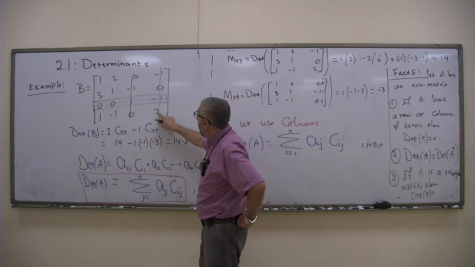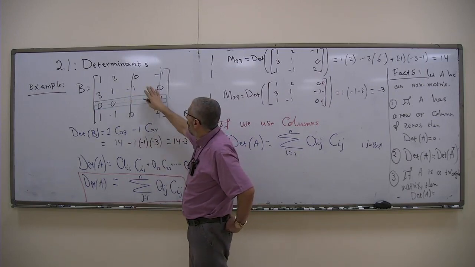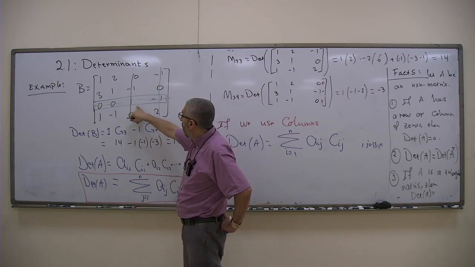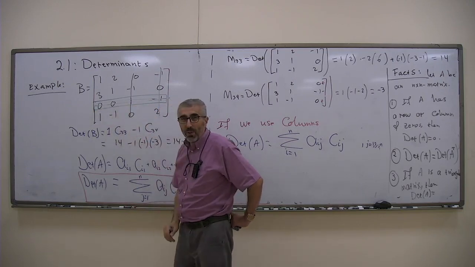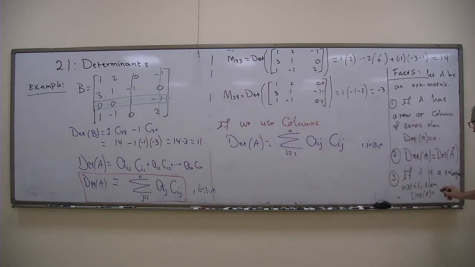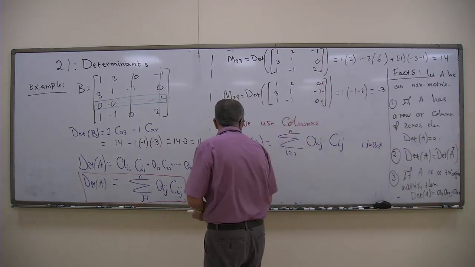And in that case, you end up with this entry multiplied by C44. But again, for C44, you are going to find a row with zeros except one entry. So again, you focus on that. So what do you get here? You get actually the product of the elements along the diagonal: A11, A22, ANN.